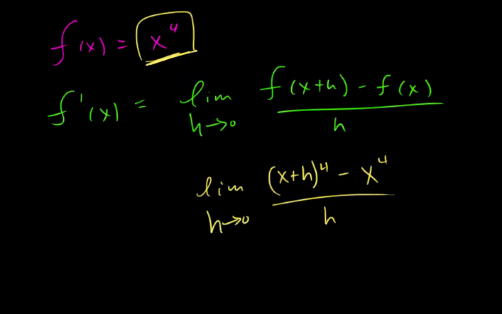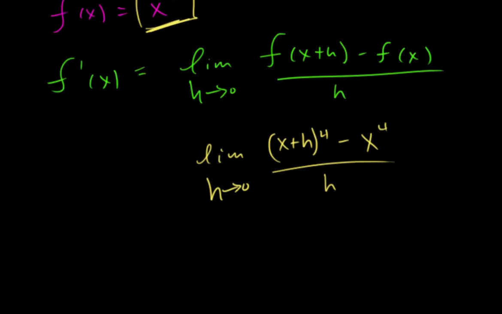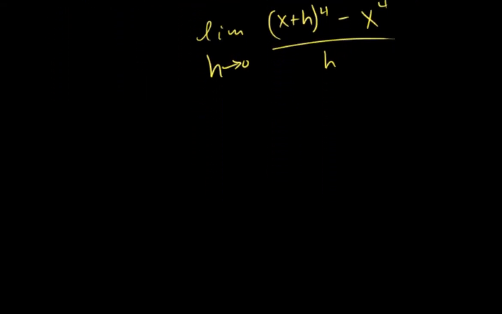Okay, so with limits, we try to plug in a 0 for h, but that creates division by 0, so that's not good. So we need to somehow cancel that h that's on the bottom. So what we're going to do is an expansion, where I'm going to use Pascal's triangle.